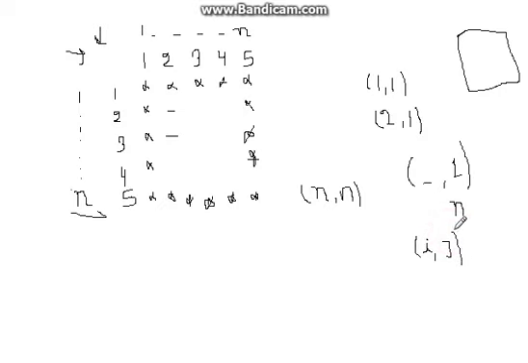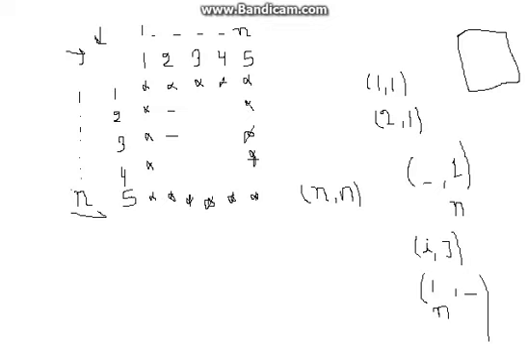So whenever the value of j becomes 1 and n, we have to print a star, and in the same manner, whenever the value of i becomes 1 and n, we have to print stars.